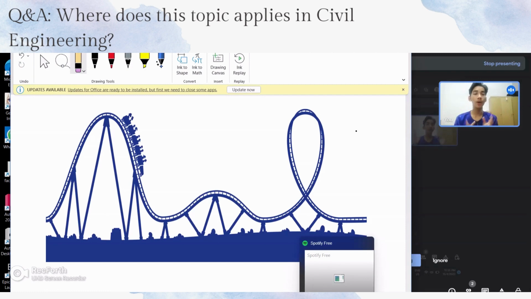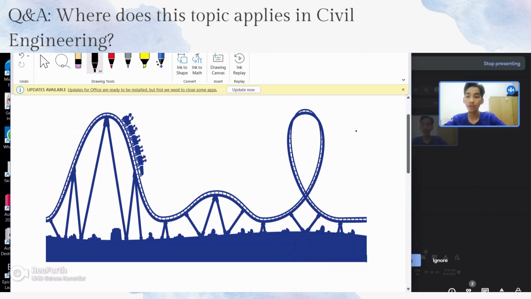From my side, my opinion about the application of stationary points is how engineers are going to build a roller coaster track. This is because of how the engineers are going to calculate every point in the highest and the lowest position.